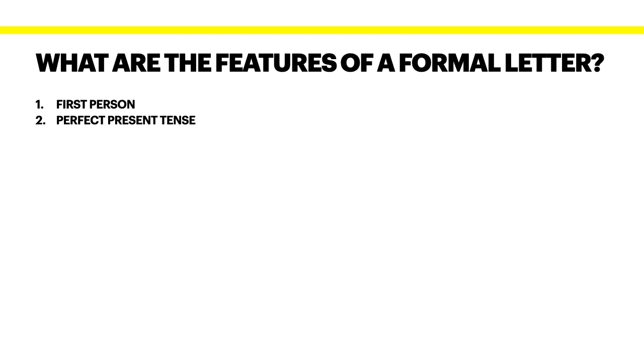Perfect present tense is when we're writing in the current moment, and we might refer to the future or the past, but we're writing in this moment now. With all letters, we know we need to include an address and a date. And these will be the same as our informal letters, so they will still be in the top right-hand corner.